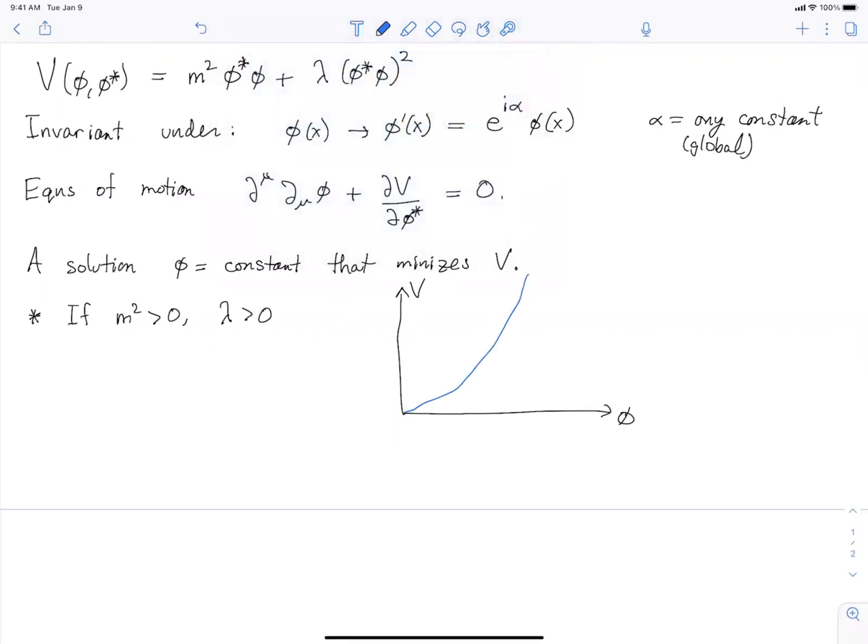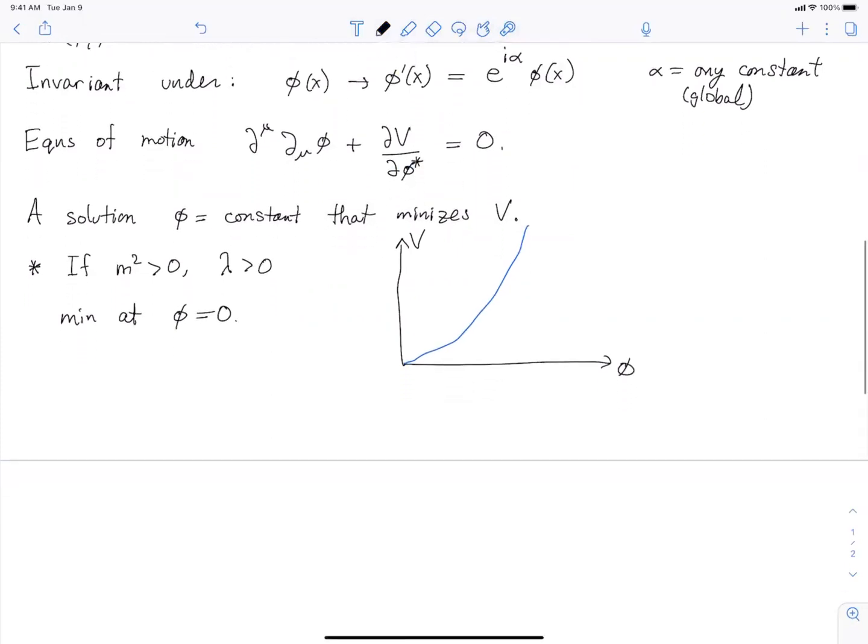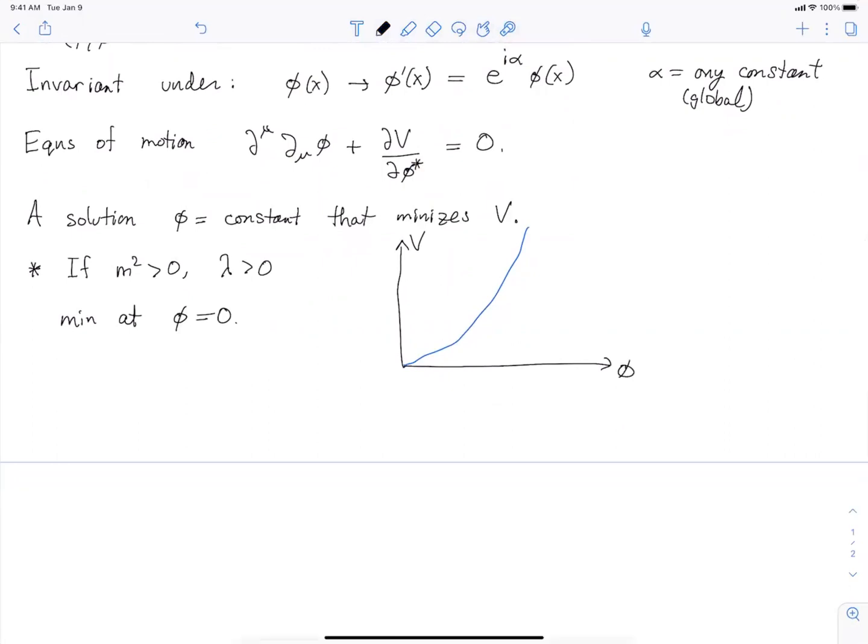It's got a minimum at phi equals 0. And so my solution to the equations of motion is just phi equals 0, not very exciting. And the quantum mechanical version of this is saying that the ground state, if I compute the expectation value of the field operator, is just 0.